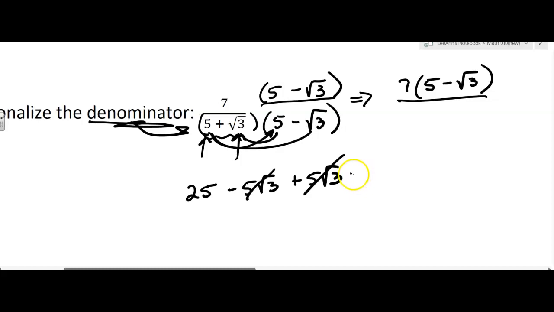But then you're going to have minus the square root of 9. Because you've got, let me do it in orange, that part there. So 3 times 3 is 9. Or you could just put 3. That would work as well. So you're going to have 25 minus 3, which is 22. Okay, I would probably leave it that way. Now, I talked about why didn't I distribute the 7?